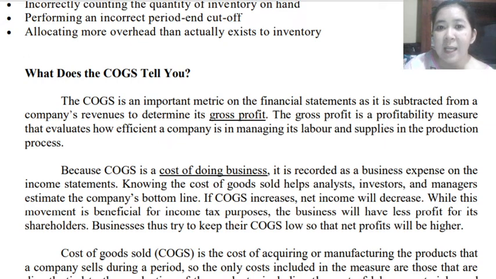So basically, gross profit is a profitability measure that is used to evaluate how efficient a company is managing their assets in producing the goods or services that they will sell. Okay, so that's how important cost of goods sold is.